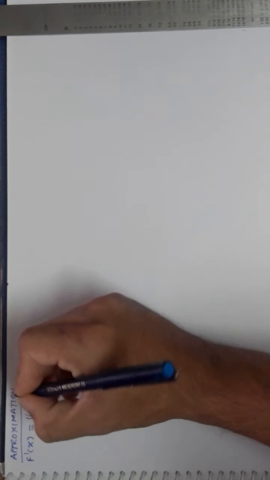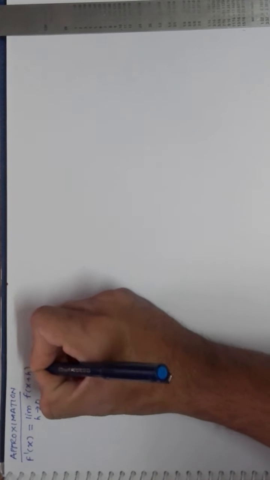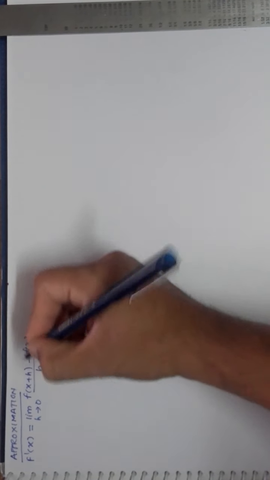Now coming to another application of derivative, that is where derivative can be applied. We know that the derivative of a function at any point is given as f dash x is equal to limit of h tending to 0, function of x plus h minus function of x upon h.